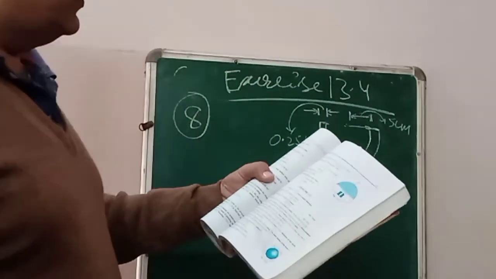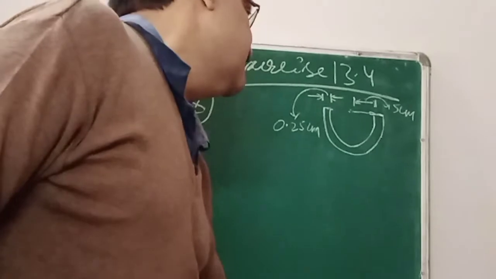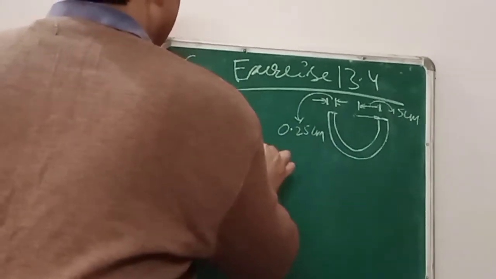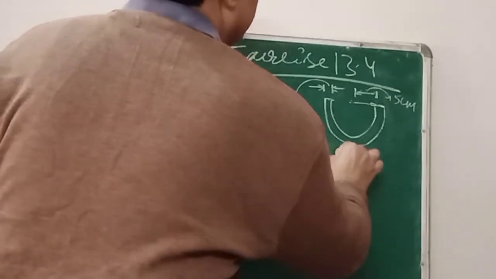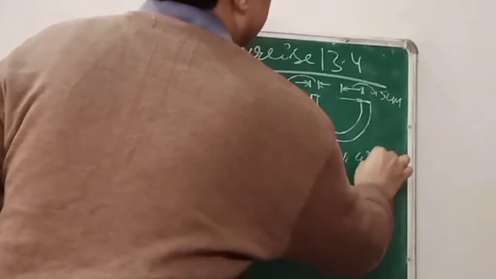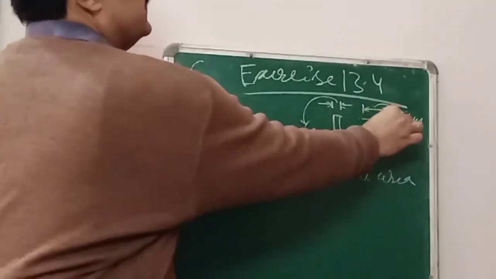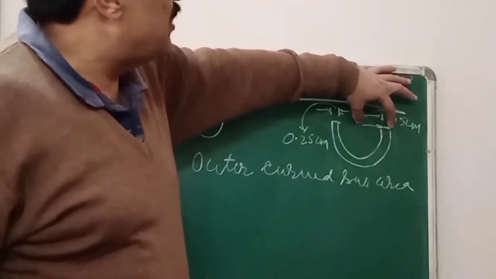What is to be found out? The outer curved surface area. For knowing the outer curved surface area, we need to know the outer radius.